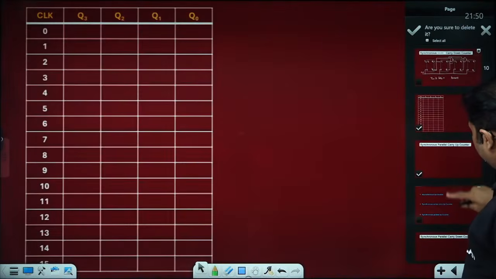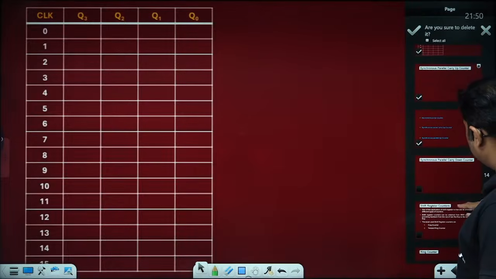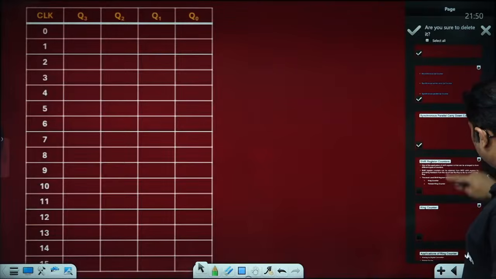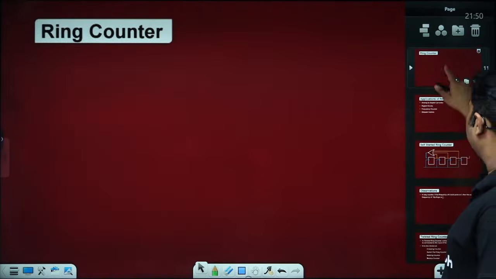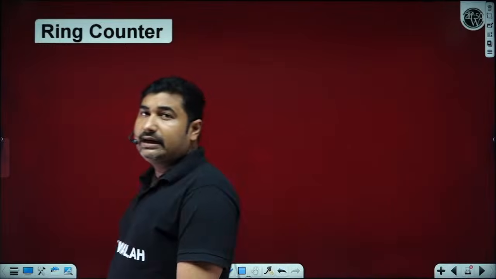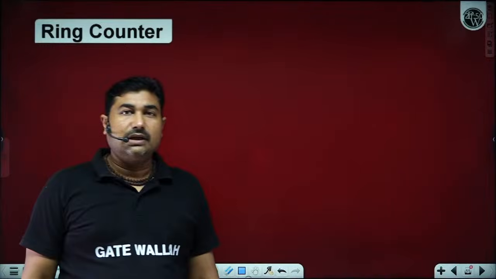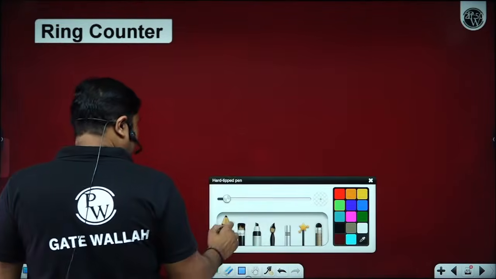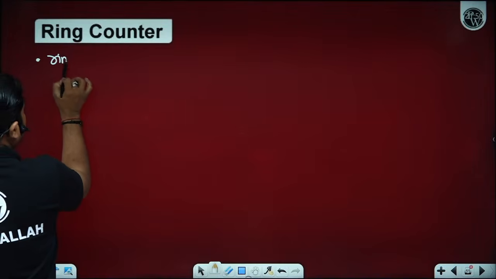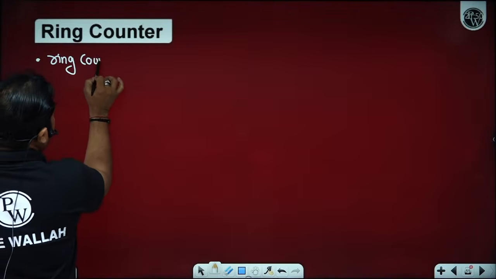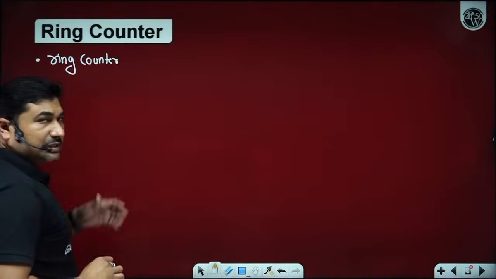Now I am moving towards the ring counter. Next, write down ring counter. A ring counter is basically a shift register, and it is also a synchronous counter.